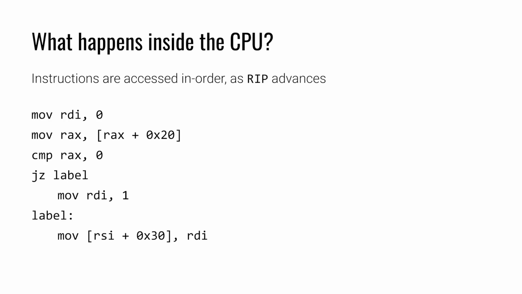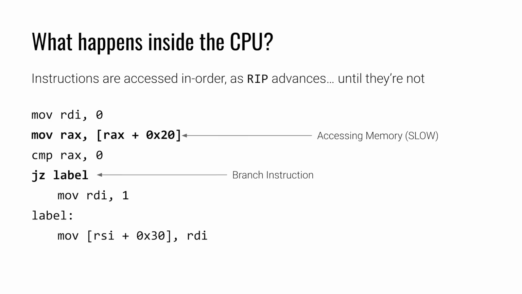So if we look at this, which is just an extension of that initial access here, we said accessing RAX plus hex 20 may have to go all the way out to RAM, and this could be a slow operation. So what if instead of waiting for that, the CPU did something useful? Well, what could it do? Let's look at the next couple instructions. We need to compare RAX, which I can't do because I need to access the value from memory.